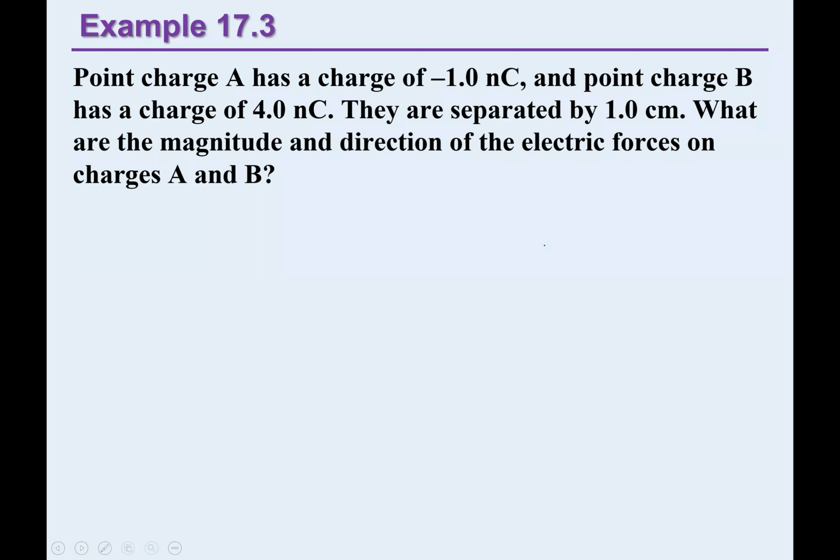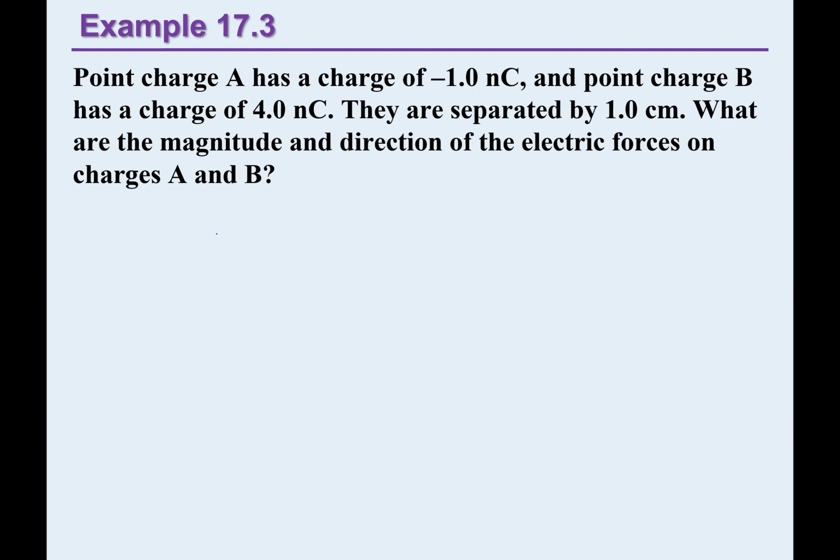All right, so another example here. We are now ready to solve some problems involving Coulomb's force. So we're given 2 point charges. Point charge A is -1 nanocoulomb, and point charge B is 4 nanocoulomb.